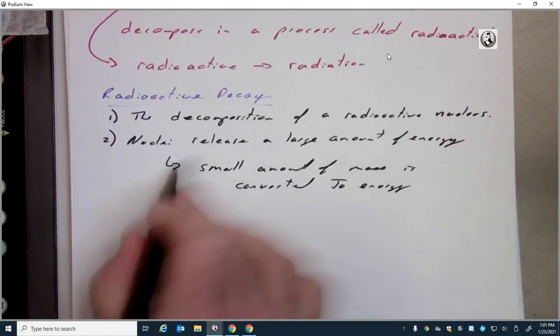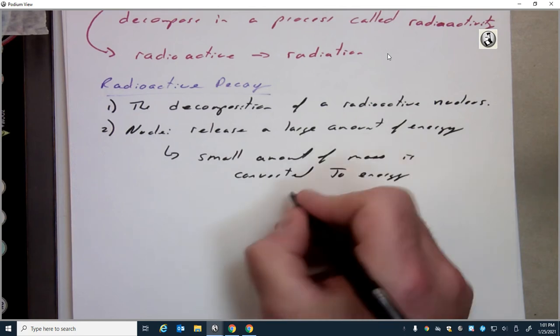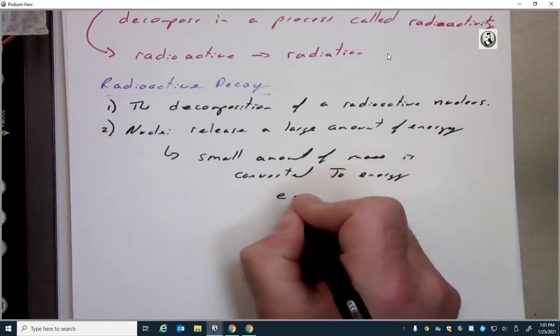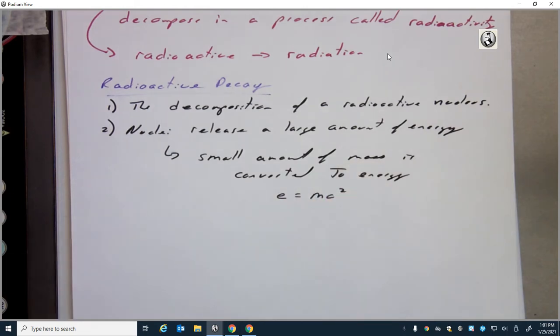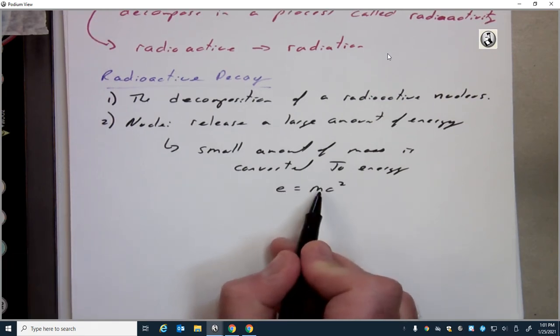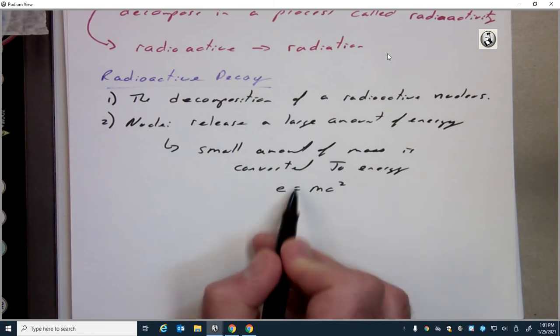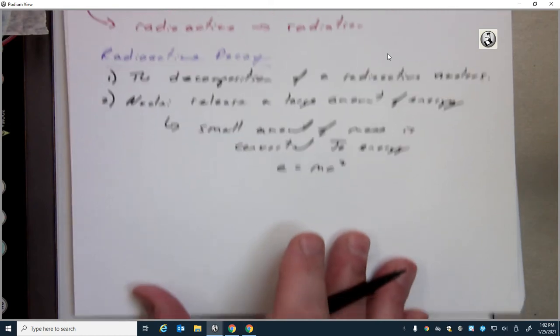It's based on a famous equation, E equals mc squared, the relationship between mass and energy, where c is the speed of light. When you convert a very small amount of mass to energy, you actually get a huge amount of energy. We'll talk lots about that.